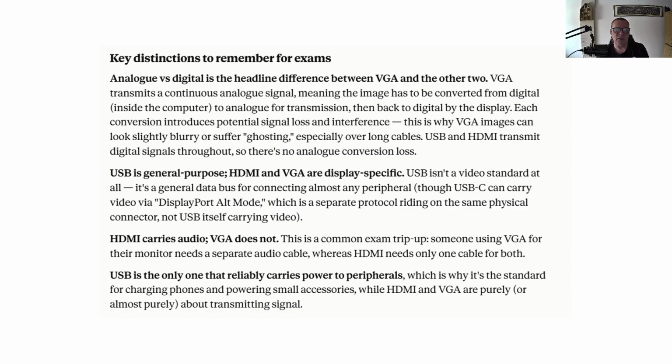So HDMI is obviously a multimedia interface. That's one way of remembering the fact that it's got video and audio built in. And then USB is also capable of providing power, for example, for charging, where the others aren't used for that.